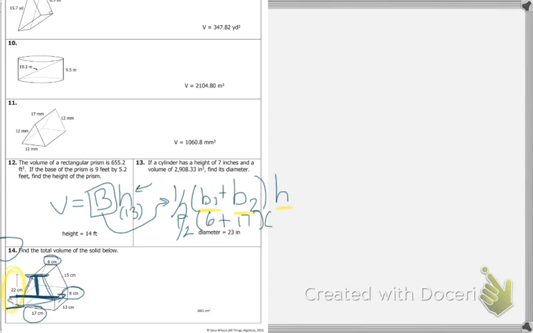So if this is 8, the whole thing is 22, and that means that that has to be 14. 14 is the height of my trapezoid, so this is the volume of the trapezoid.